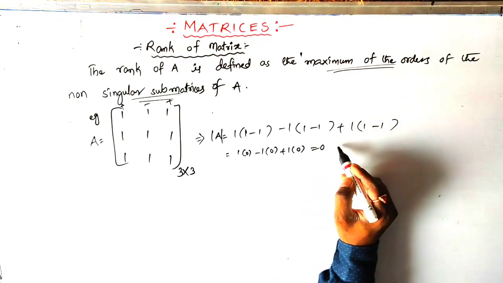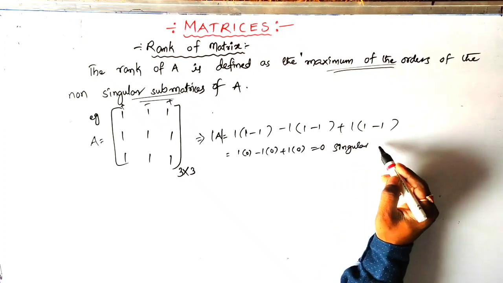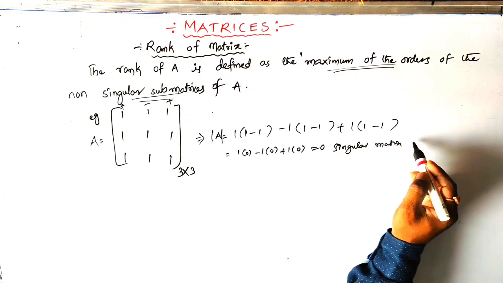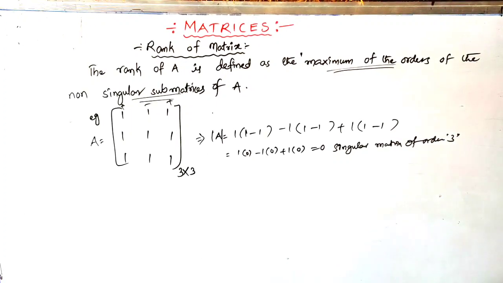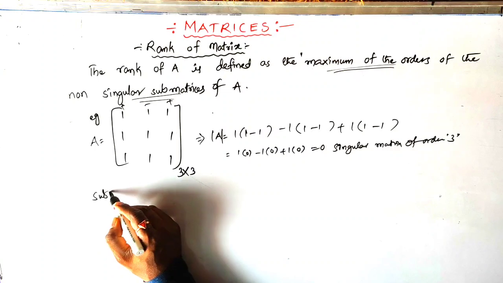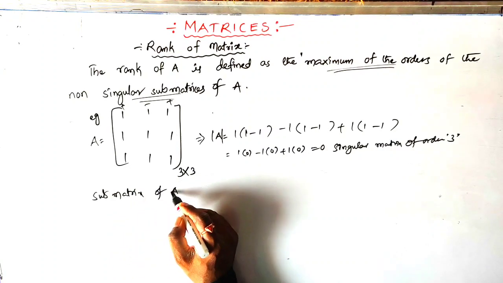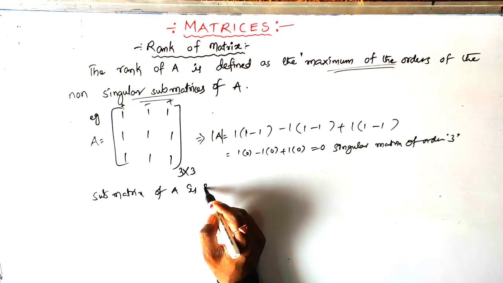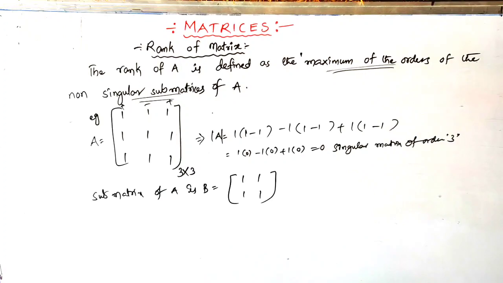So the value is nothing but 0. So this is a singular matrix of order 3. Now we take a submatrix of the 3 by 3 matrix. The submatrix of A is B. We take any row, any column, like this.